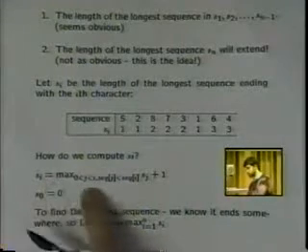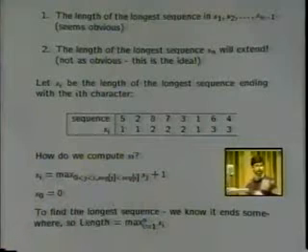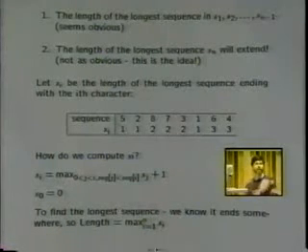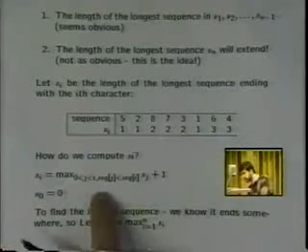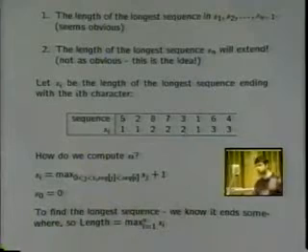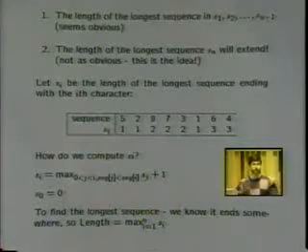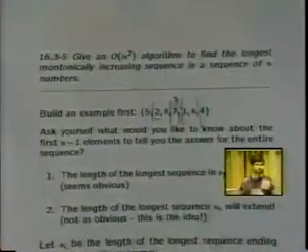I'll have to look at most i numbers, all numbers less than that. The biggest I can get is n. I've got n steps where each step involves looking at most n boxes and picking the largest of the bunch. N times n is n squared. That gives me the bound that I was looking for.